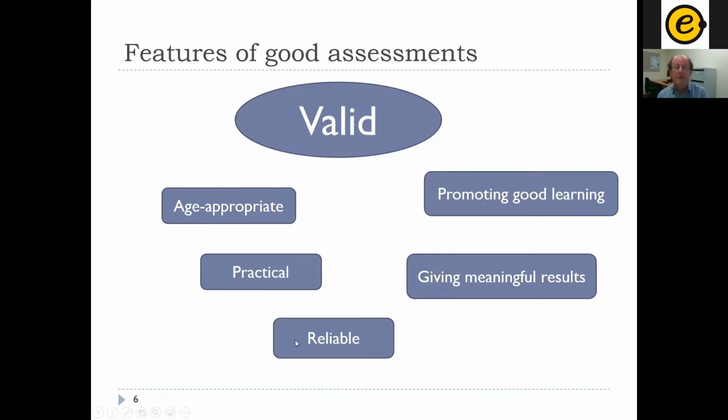Reliability is something I'll focus on quite a lot later in this talk. And we like to think that all assessments are valid in terms of promoting good learning, breaking down a barrier that we often see between teaching and assessment, or teaching and exams. We also want to get valid results from any kind of assessment procedure that we use.